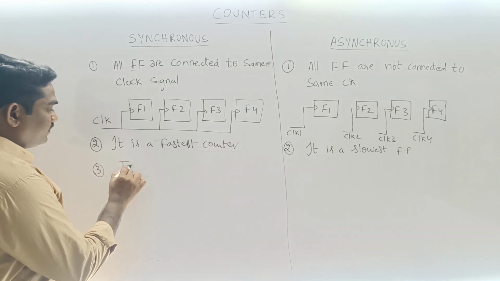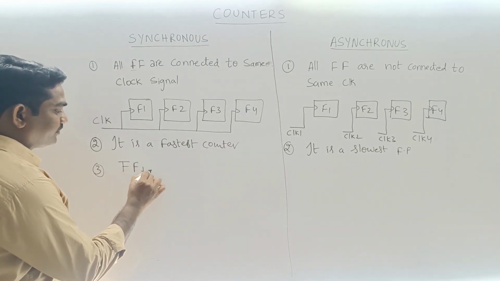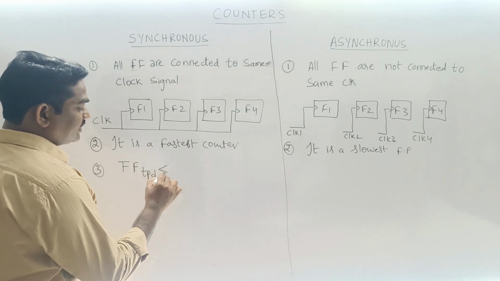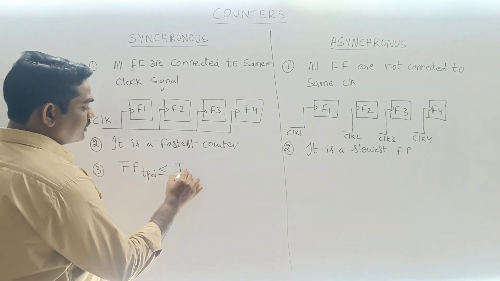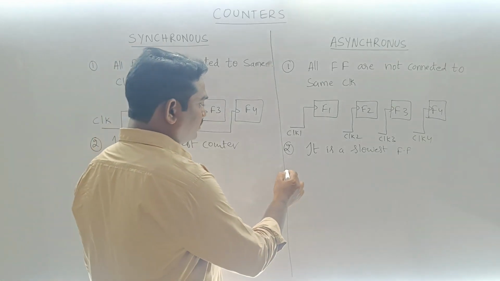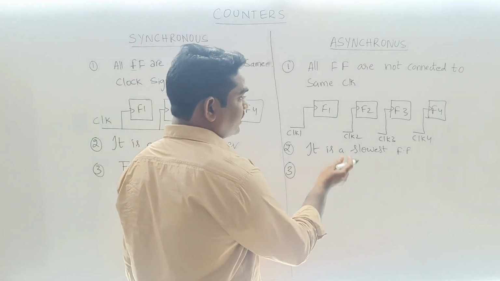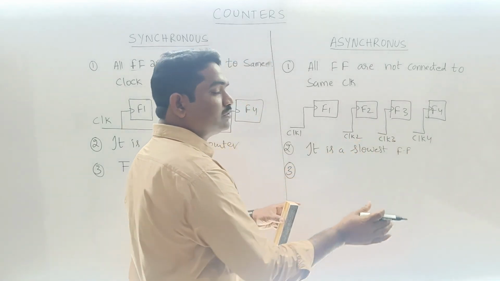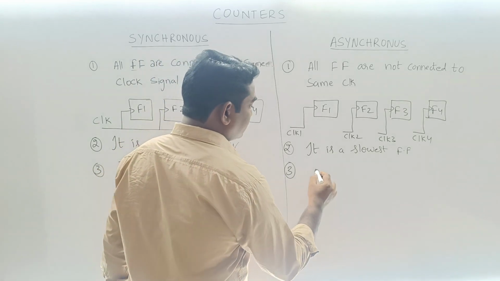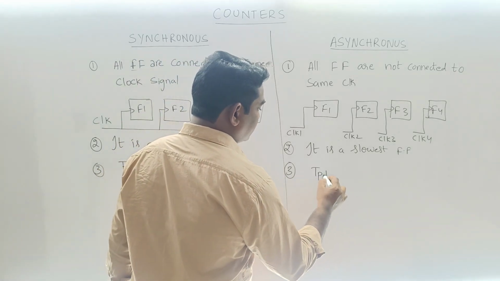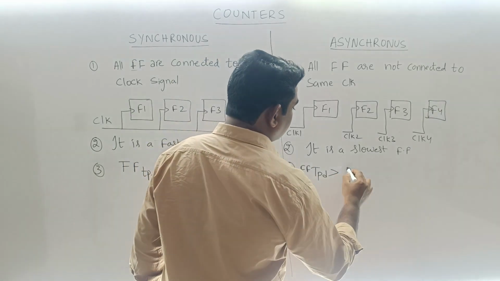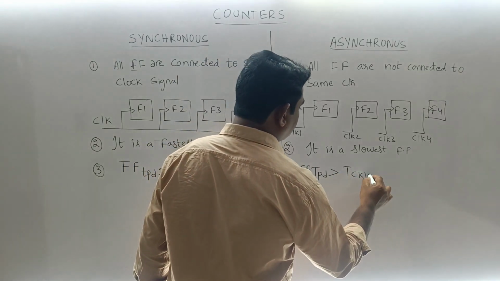Here the flip-flop TPD is less than or equal to the clock signal period, that is the equation. And for the asynchronous counter the propagation delay is more, because we are applying different clocks to different flip-flops, so we may get more delay. Here the flip-flop TPD delay is greater than T clock.